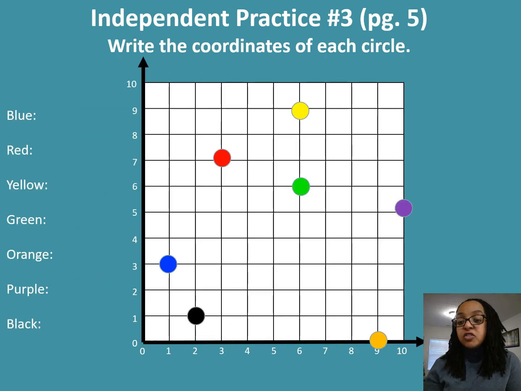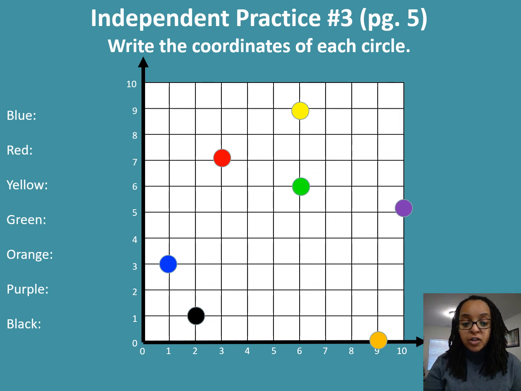And then on page 5, you have a third coordinate plane, except this time, instead of plotting the points, you're actually reading the points on the coordinate grid and figuring out what those ordered pairs would be. So for example, I would look at the first one, blue, find my color blue, and then I would read the ordered pair of blue, starting with x comma y.